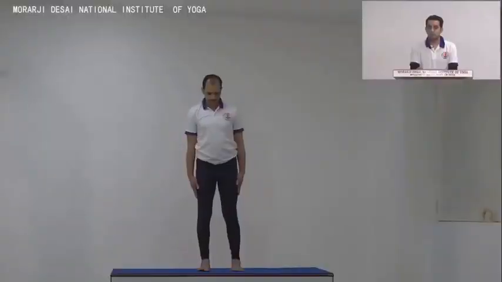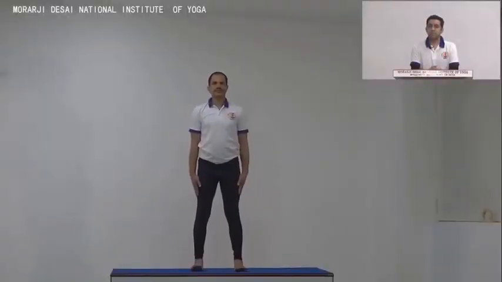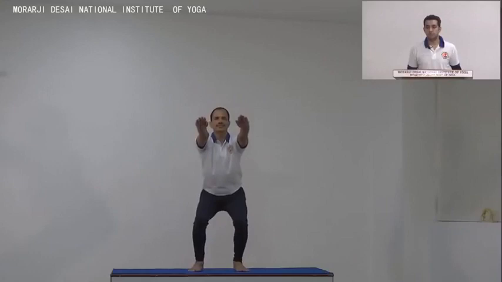Open your legs once again, spread your legs shoulder-width apart. Inhale, raise your arms from the front up to the shoulder level, palms facing downward. Exhale, bend your knees and come to the half squatting position. Very good. Just make your hands a little bit down.